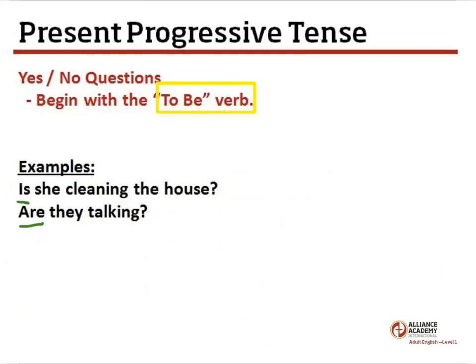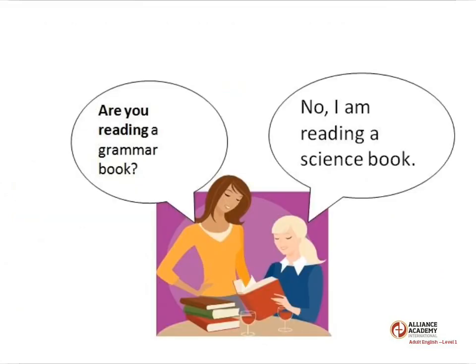So when we ask a question that has a yes or no answer, we need to begin our question with the to be verb. So here's an example. Are you reading a grammar book? No, I am reading a science book.